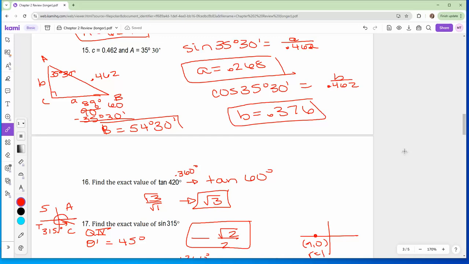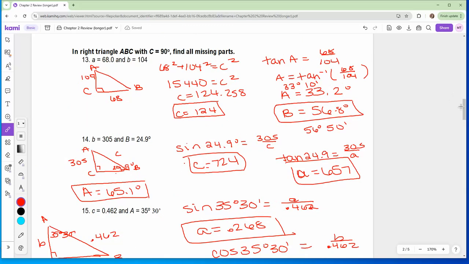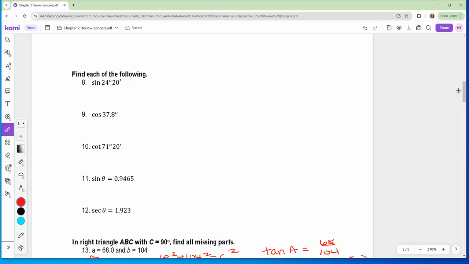Are those okay? These were calculator questions, so just making sure you know how to plug them in your calculator. If I give you degrees and minutes, you do 24 plus 20 over 60, and we should get 0.4120. Cosine 37.8 should give you 0.7902.